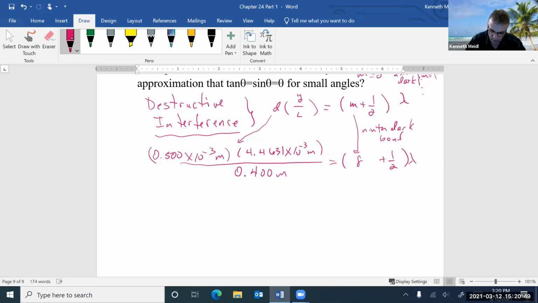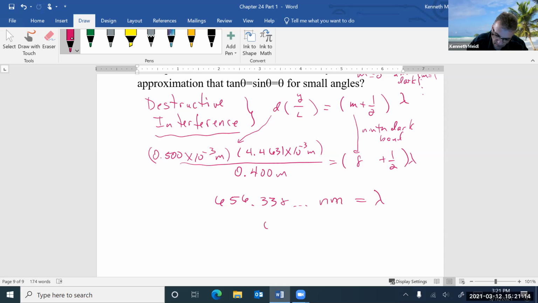So let me try that. 4.4631 times 10 to the minus 3, divided by 0.4, divided by 8.5. And I get 656.338, blah, blah, blah, nanometers equals the wavelength of light.